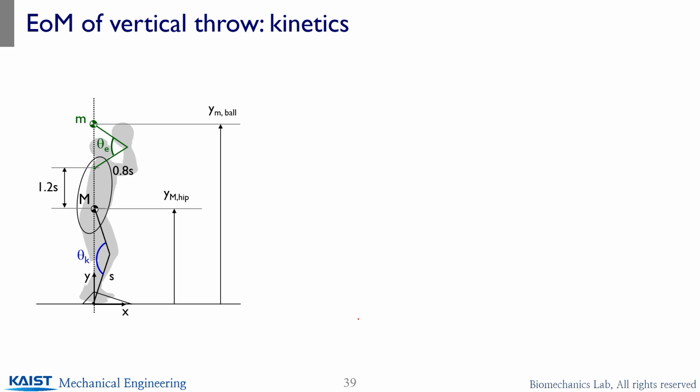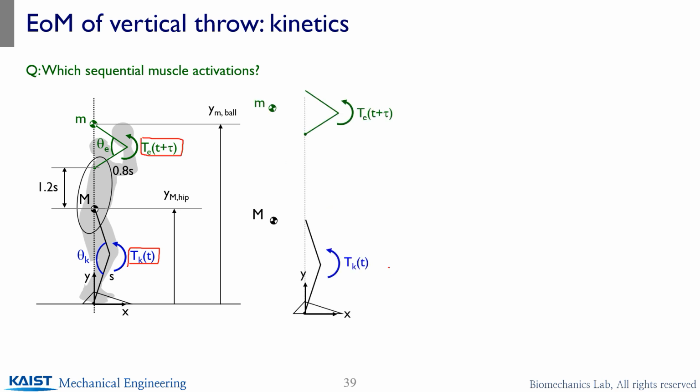Okay, how can we get the equations of motion? Let's draw a free body diagram. Since we are handling sequential muscle activation, the knee joint torque is going to be activated first, and the elbow joint torque is going to be activated with the time delay tau. Assuming point masses and a massless leg, the problem turns out to be simple, because we can relate the force and torque as a constraint for the massless leg.